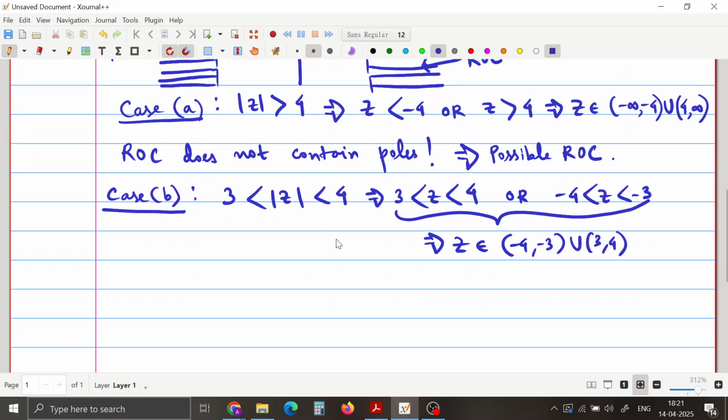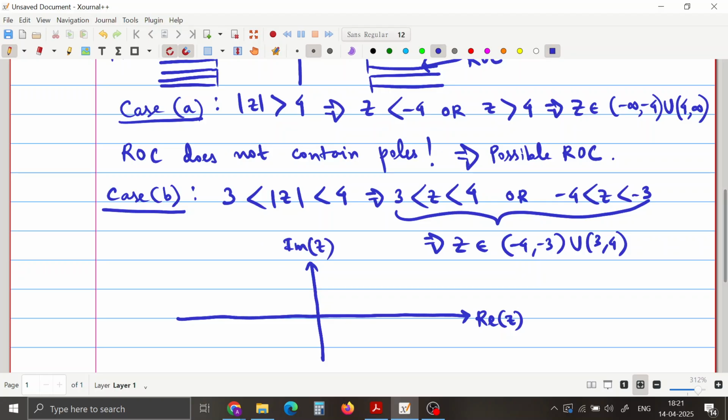And again, now we shall plot the ROC. Real part of z, imaginary z, and okay, so we had a pole at -4 and we also had another pole at +3, and now let's draw the ROC as well.